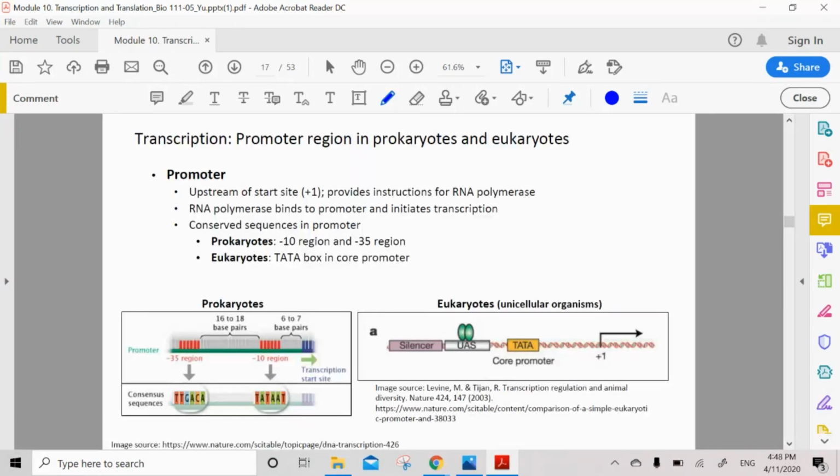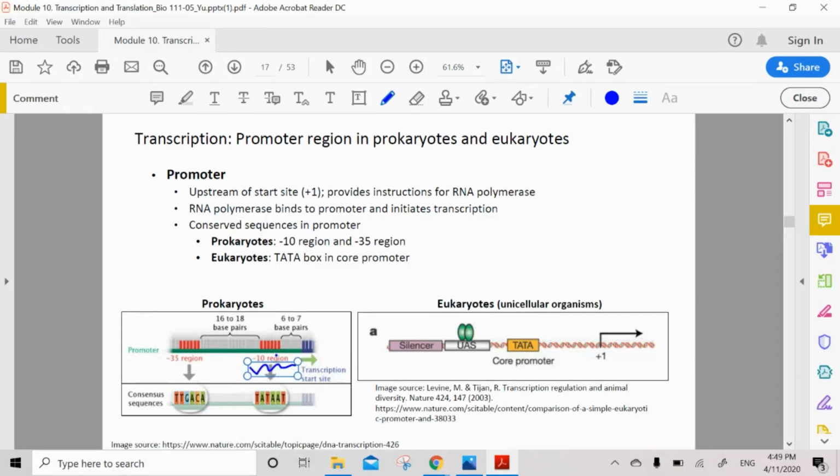Here we're going to look at the difference in the promoter region between prokaryotes and eukaryotes. For prokaryotes, the promoter region is pretty consistent between different organisms. By consistent, I don't mean the sequences are exactly the same, but the sequence is conserved, meaning you may have some variations, but the majority of the nucleotides are very similar or can be the same. Usually for the prokaryotic promoter region, you have a segment that's really rich in T's and A's in the -10 region.